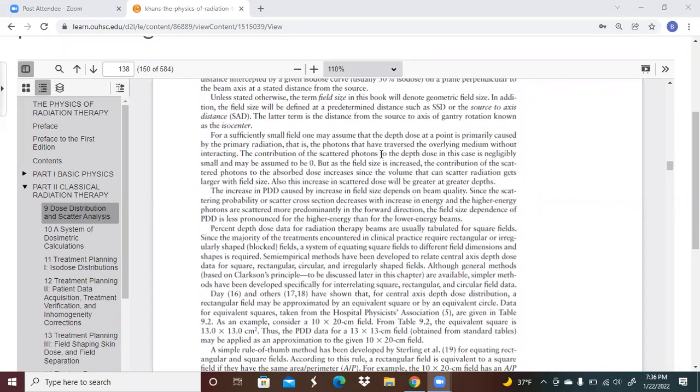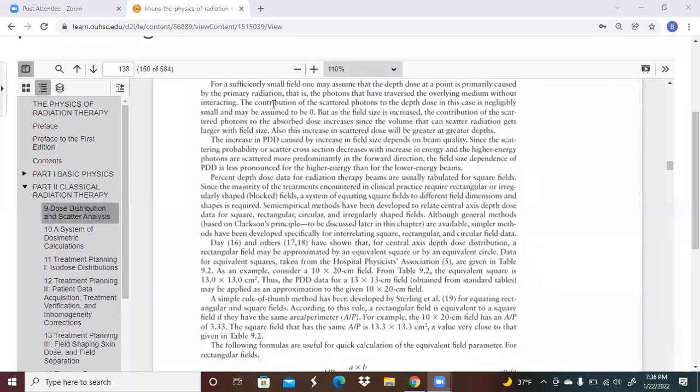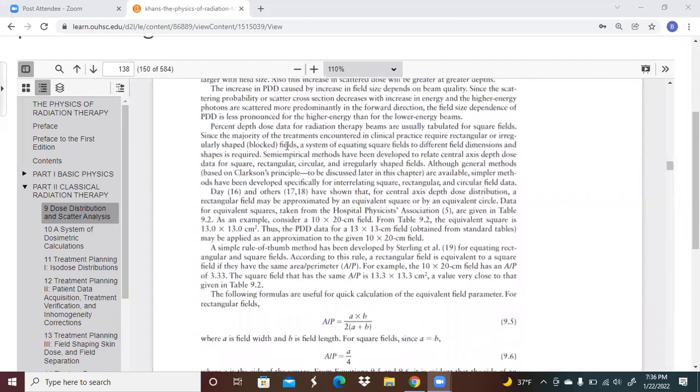For a small field size, one may assume that the depth dose is primarily caused by the primary radiation. In other words, the photons that have traversed the overlying medium without interacting yet. The contribution of the scattered photons to the depth dose is negligibly small and may be assumed to be 0. However, as you increase that field size, the contribution of the scattered photons to the absorbed dose starts to increase.